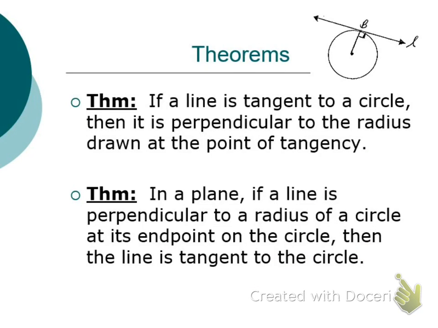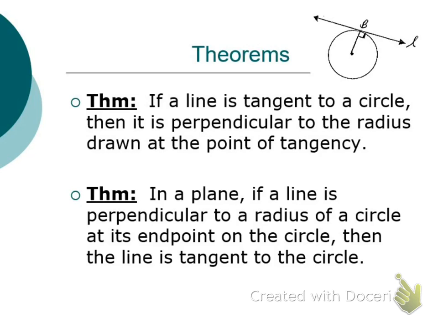All right, these theorems are, as you probably noticed, very highly related to each other. It just works in both directions. So the first one says if a line is tangent to a circle, so in the diagram we can see line L is tangent to our circle, then it's perpendicular to the radius drawn at the point of tangency.